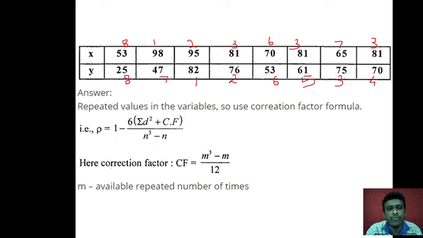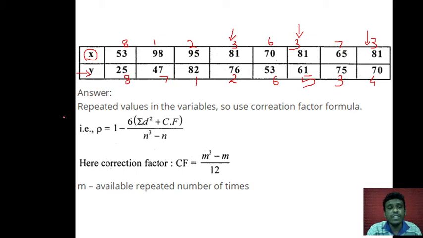So there's no problem with the y variable. In the y variable we do not have ties, but with respect to the x variable we have ties. Where all do we have ties? Here, here, as well as here. So there are three different locations where we have ties, for rank number 3.